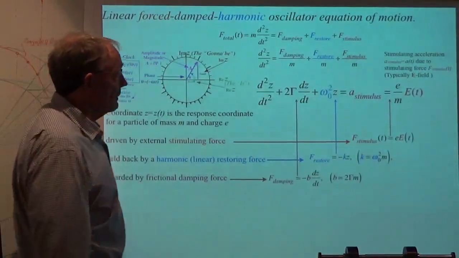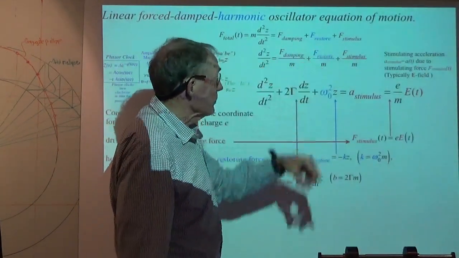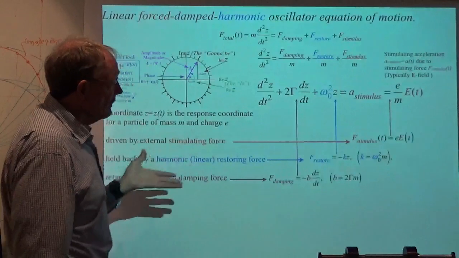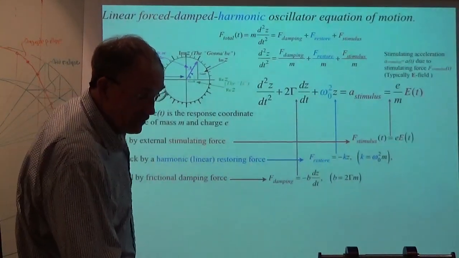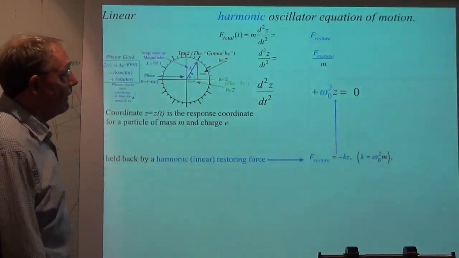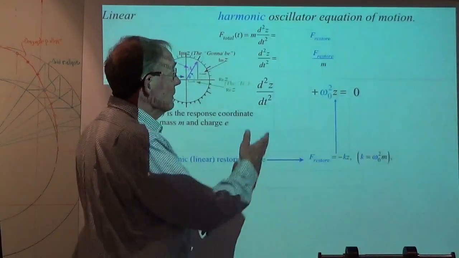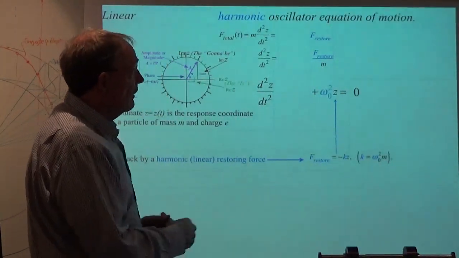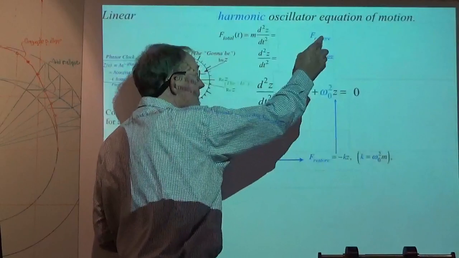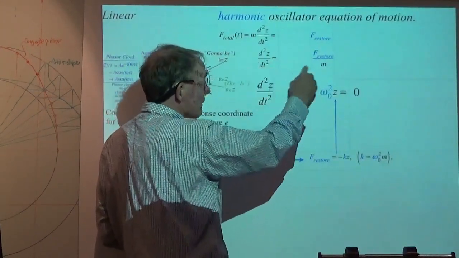We're going to go ahead and treat each one in turn, starting with just the plain restoring force, the thing that brings the oscillator back to center. So you have to have some force or some acceleration. I'm going to clear the mass out of that equation.